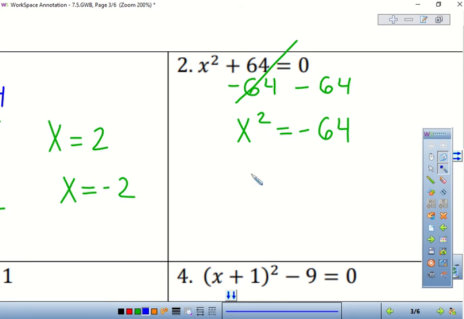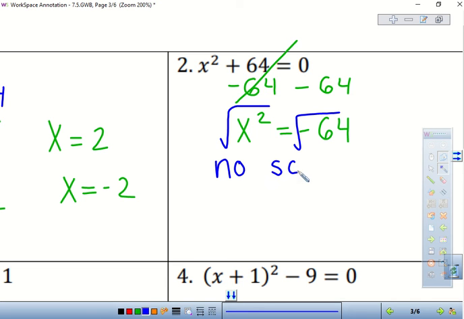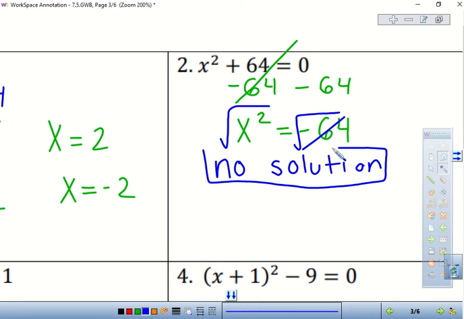The next natural step would be to square root both sides, right? But here's the problem. Can you take the square root of a negative number? No. So what's the answer here going to be? No solution. Important pro tip here: you can't take the square root of a negative number.